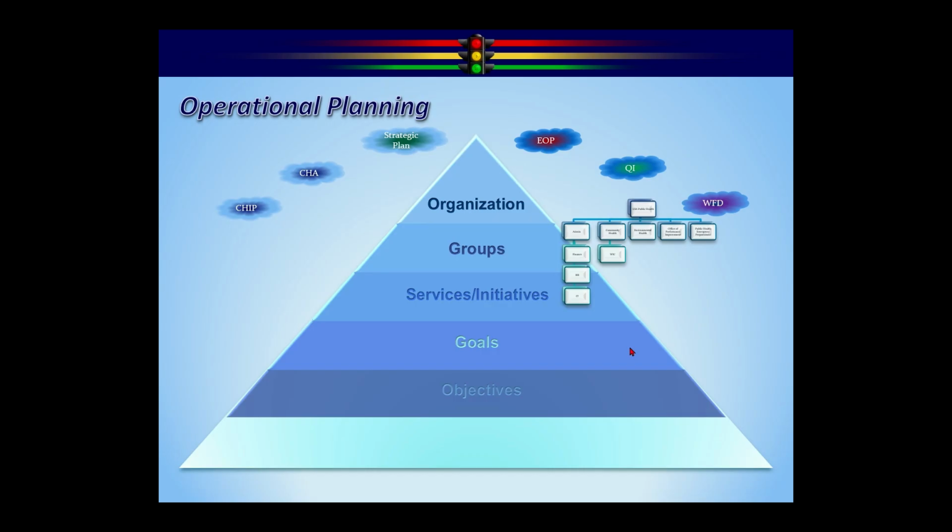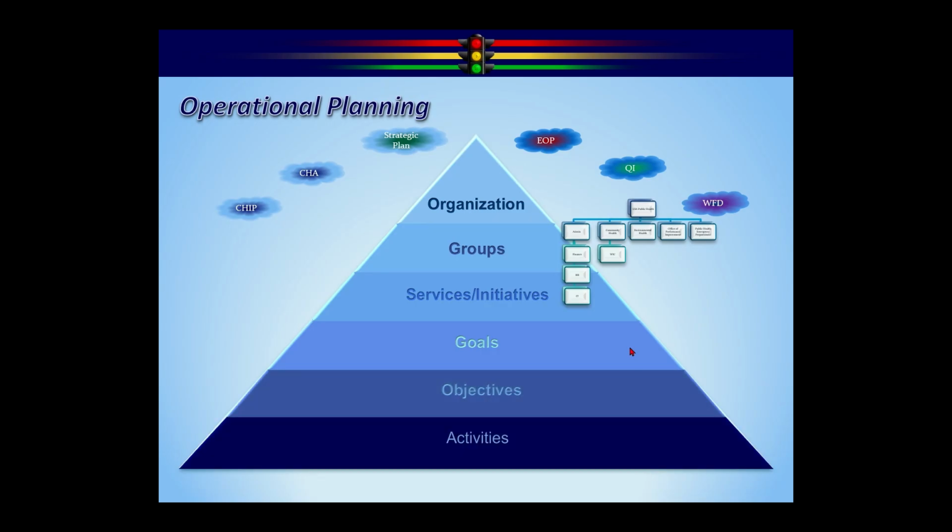Each service or initiative has a set of high-level goals. Each high-level goal has a set of SMART objectives. Each SMART objective has a set of activities. Now, the first thing I want to talk about is the nomenclature. This is probably the most common nomenclature for operational planning. However, it is not cast in concrete. You'll see operational plans where people move these names around and provide different names for different levels.